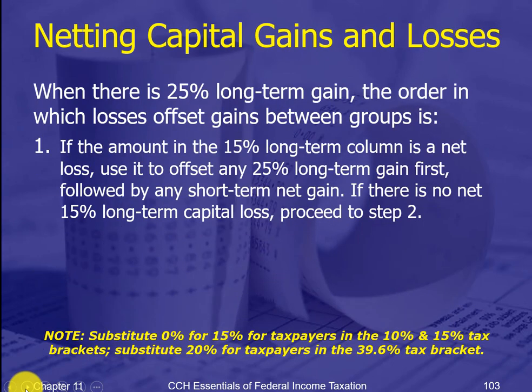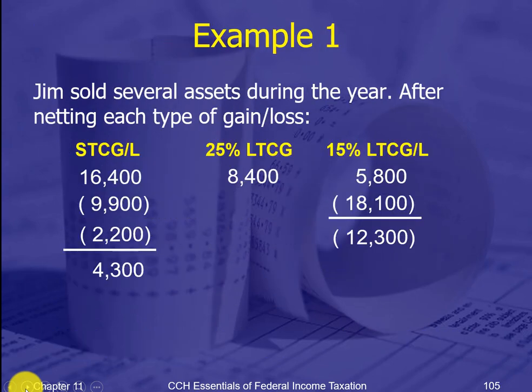Okay, so if you've got capital gains and losses and some of these 25% gains and so forth, how do you offset them? How do you make them work? Okay, the best way to look at this is just look at an example. Here we have short term, we have a 25% gain list, and we have the regular long-term capital gain losses.